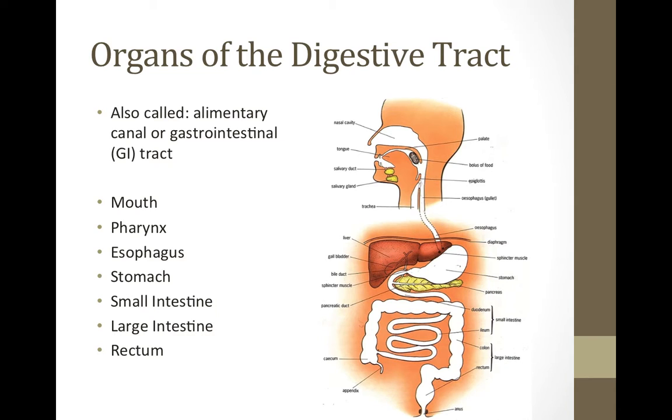Again, this starts in your mouth and goes down your throat, which is called your pharynx, then down past the opening to your trachea into your esophagus, where your food finally enters your stomach, your small intestine, and then into the large intestine, and finally the rectum and anus.